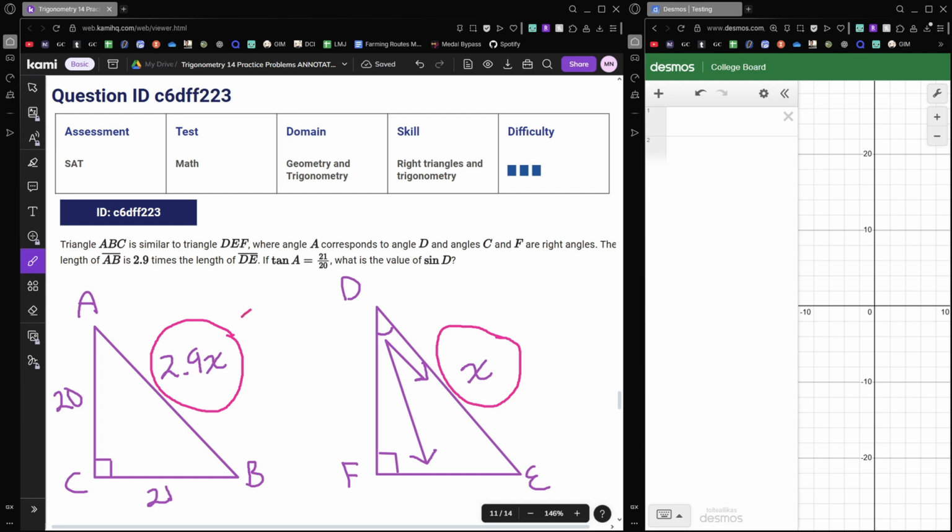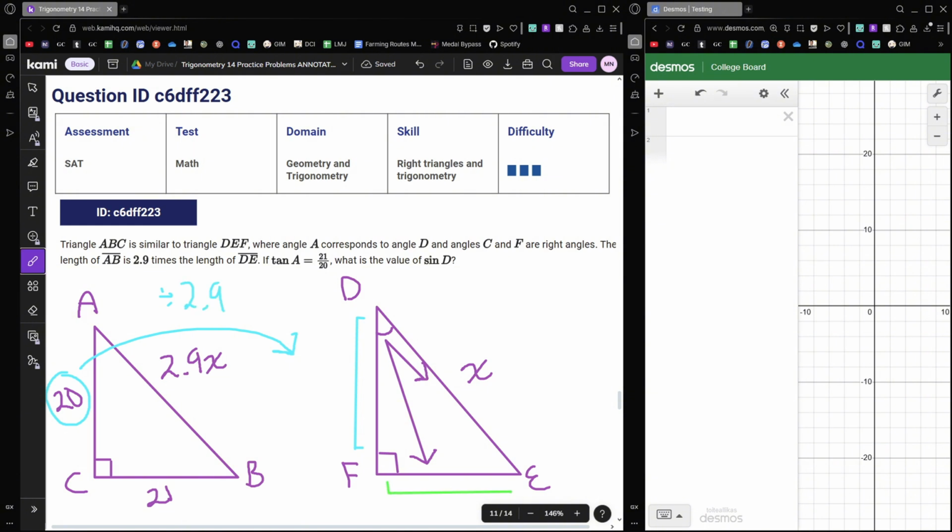Or in this case, they divided by 2.9. That means that we can find this side length by taking this side length on the left side and then dividing it by 2.9. And the same would also apply to this side length on the bottom. We would just take this side length and then divide it by 2.9.